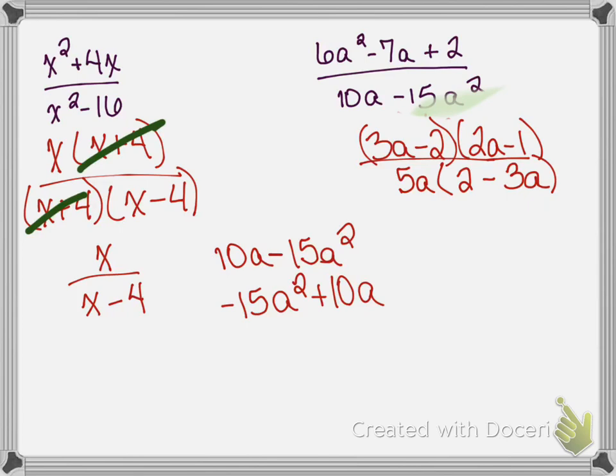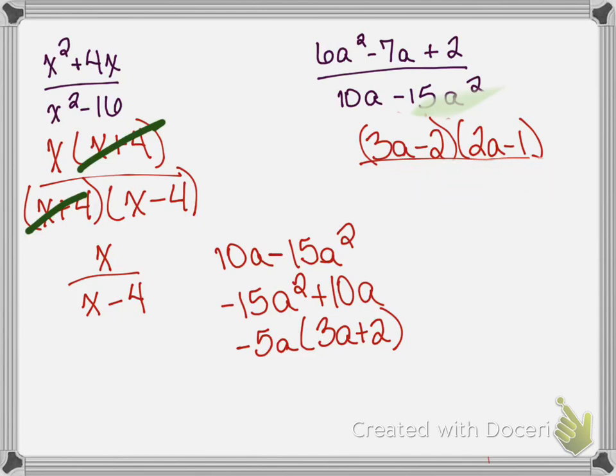So instead of taking 5a out, I want you to take out negative 5a right now on your paper. Take that out, negative 5a. When I do that, what do I get?